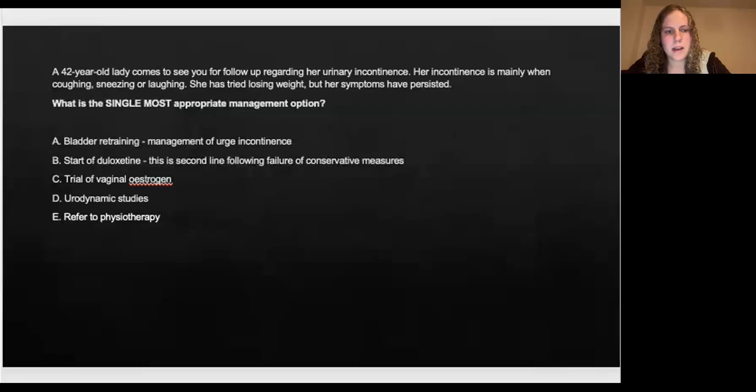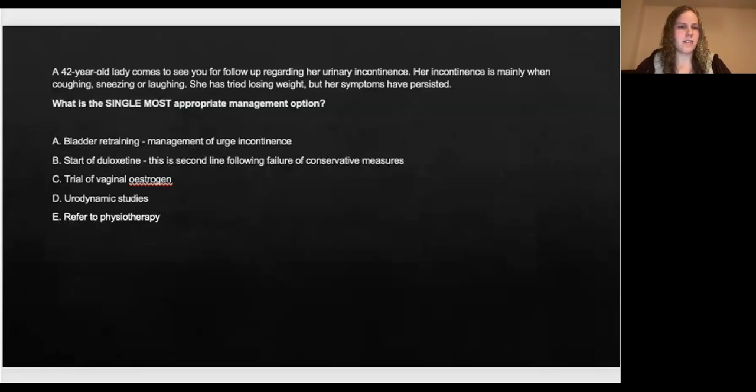Okay. Can anyone tell me the answer, or tell me what kind of incontinence this is? Yeah, exactly. Stress incontinence. It's really good. Incontinence is quite an important one because it's very easy to test in exams, and the management for stress and urgent incontinence is actually different.